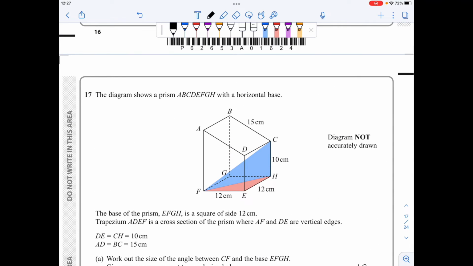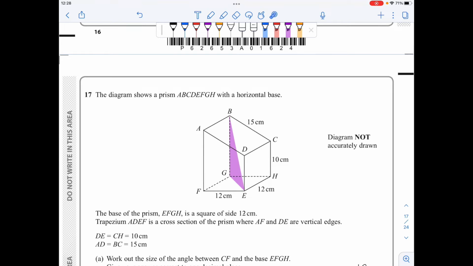Now, for part B, I will need to find the side BE, which is this one. Now, let's clear the two triangles. So, to find BE, I will need the following triangle.